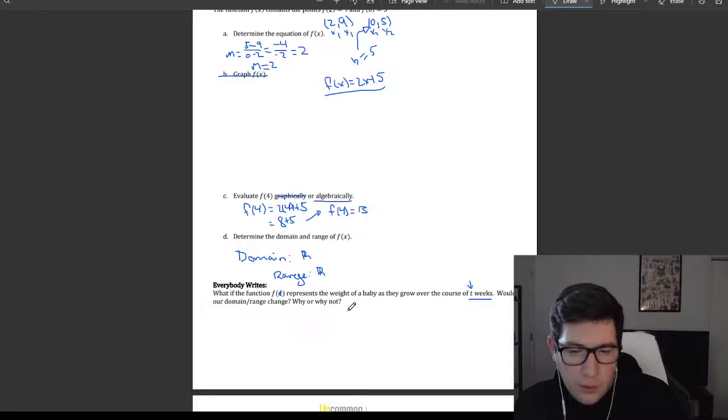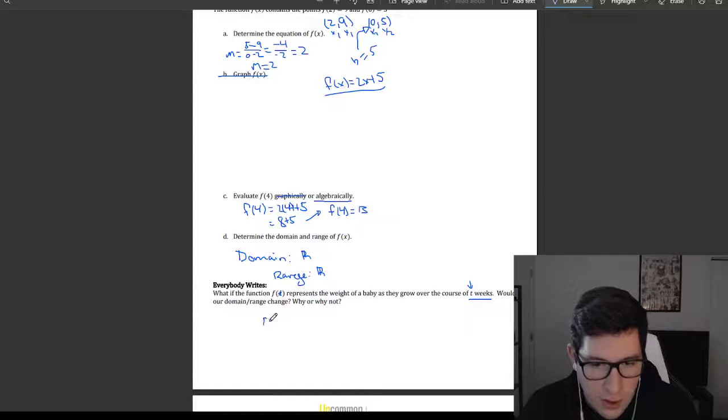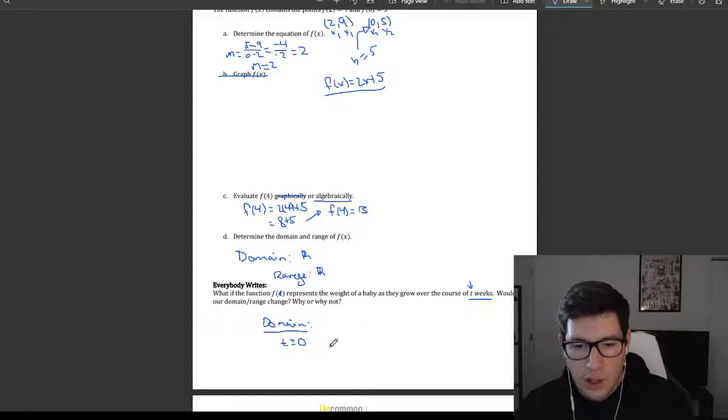Well, no, it doesn't. So if it doesn't make sense for t to be negative, it changes our domain, where t is greater than or equal to 0.